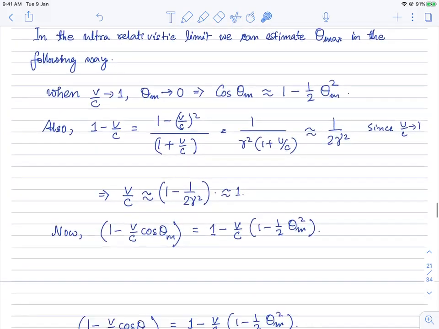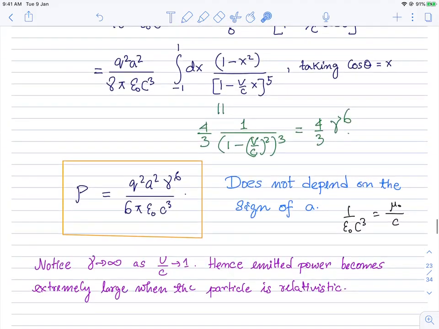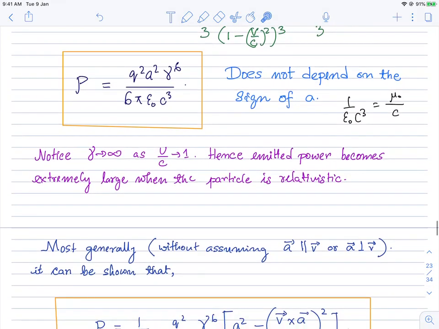I also want you to note one very interesting thing in this final formula. It depends on a square. Because it depends on a square, it doesn't matter whether the electron is accelerating or decelerating. It's going to be the same amount.